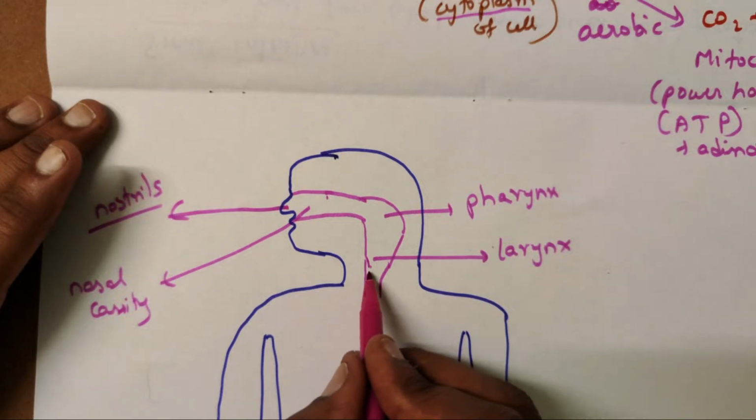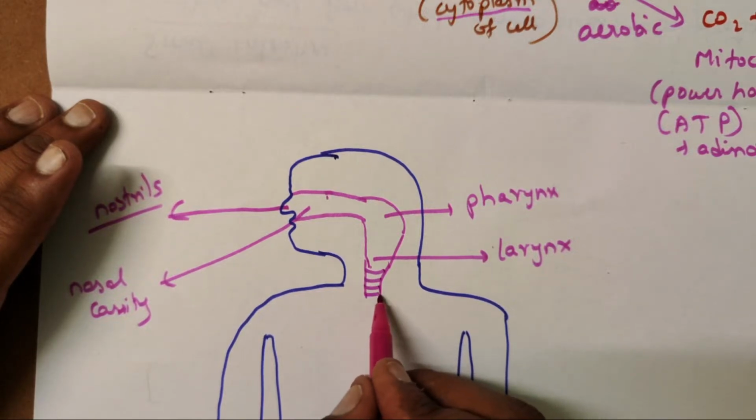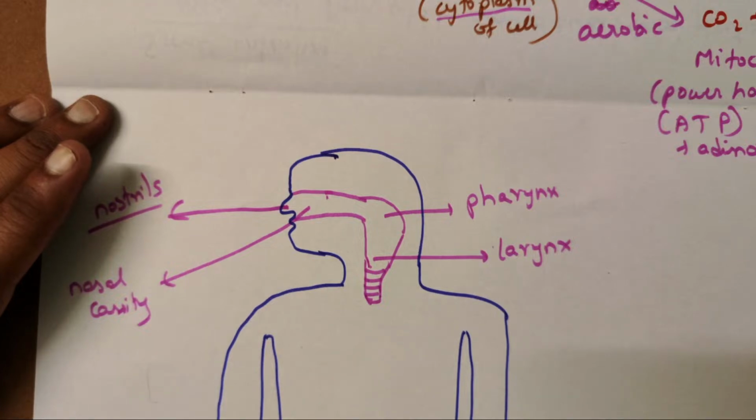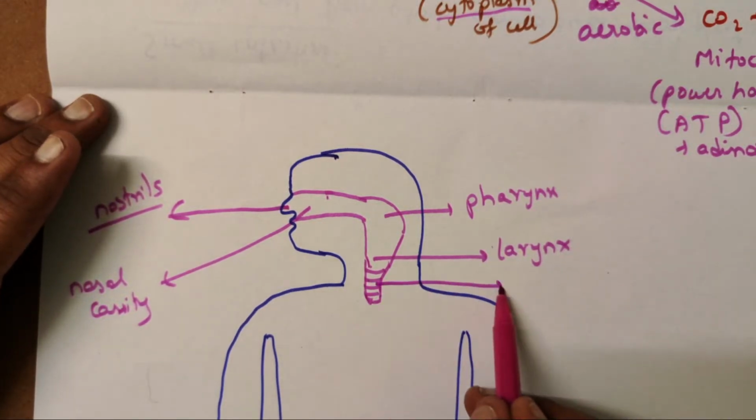Then we have the trachea. Trachea is nothing but the pipe-like structure which you have in your throat. You can also touch it with your bare hand on your neck. You can feel some ring-like structures. So these are nothing but the trachea or the windpipe.